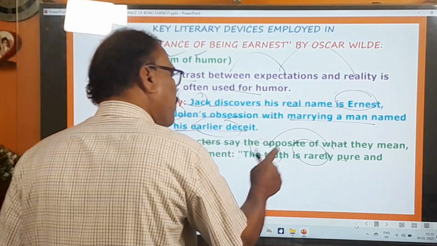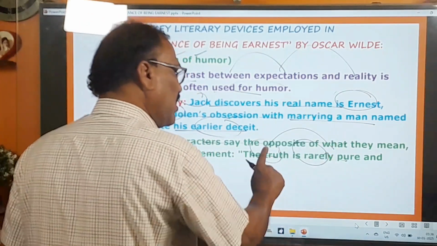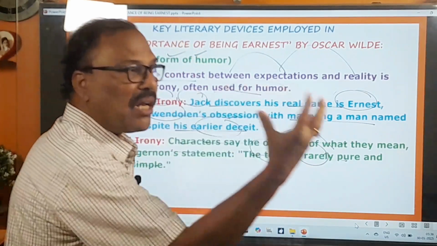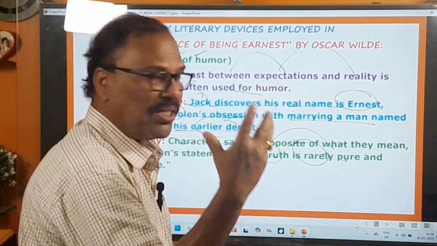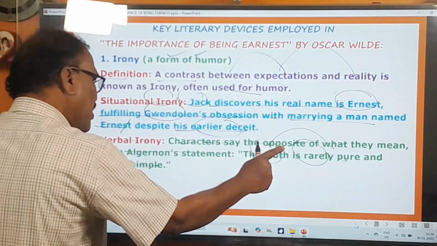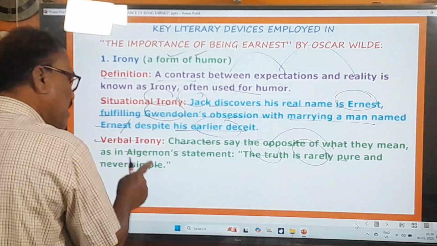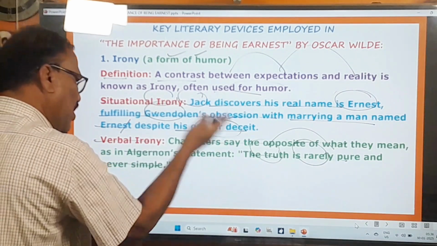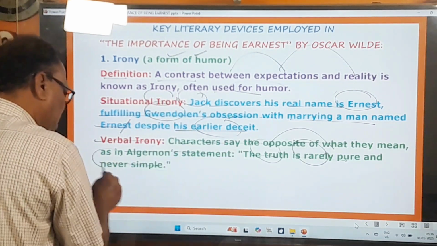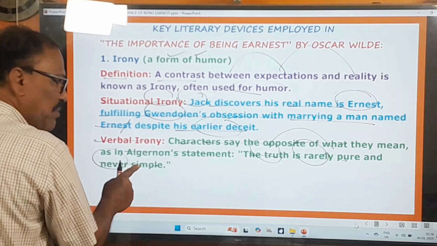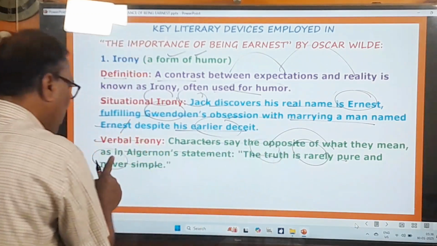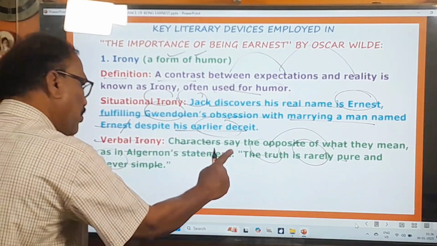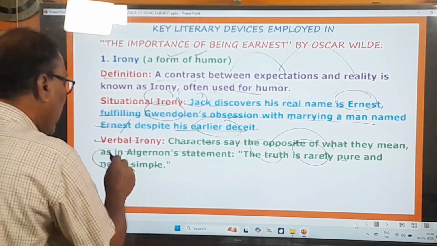Therefore, this truth is pure, no doubt about that, but it is rarely pure because it is surrounded by several complications. Here he also says the truth is never simple. The truth is actually simple, but he says never simple. Again, a negative word is used here. Rarely is a negative word, and never is a negative word.